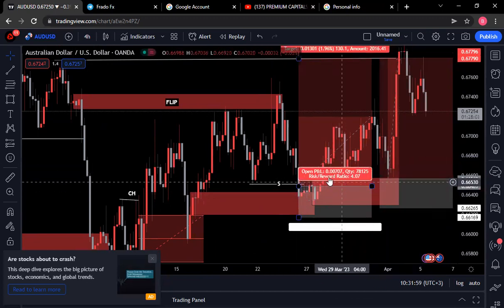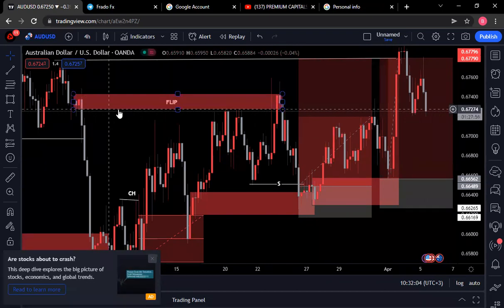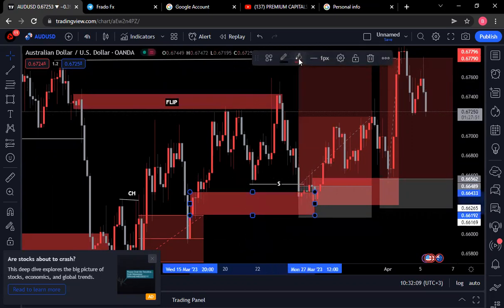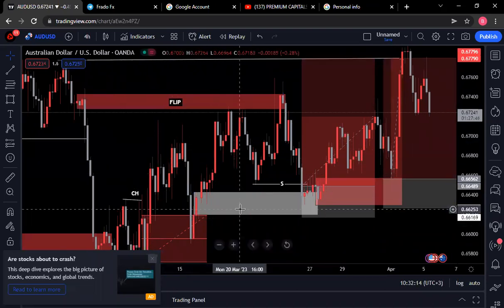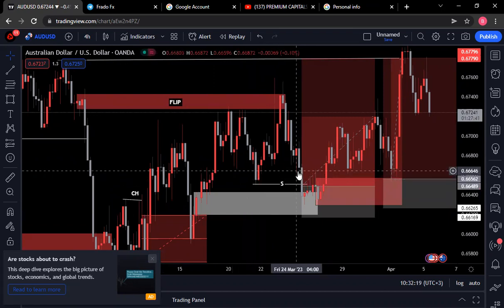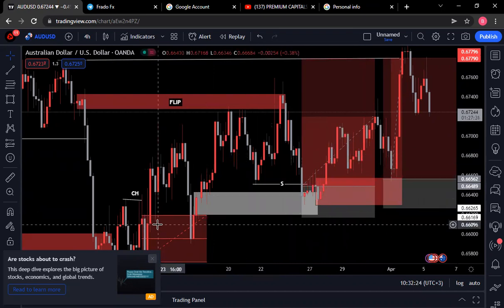So we took this buy because of this FLIP. The market flipped, supply was broken, and that is where we had to think of this zone, which is demand, as the point of entry, especially after inducement. Price was collecting liquidity here below, and this is why the market went up that way. So this was the easiest setup you could take here, using just simple entries.